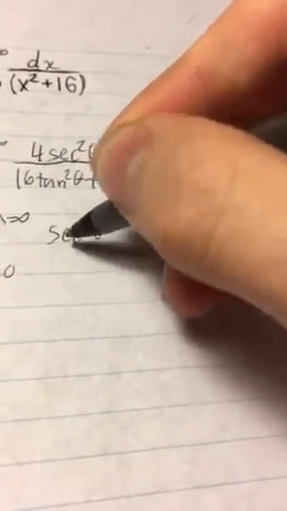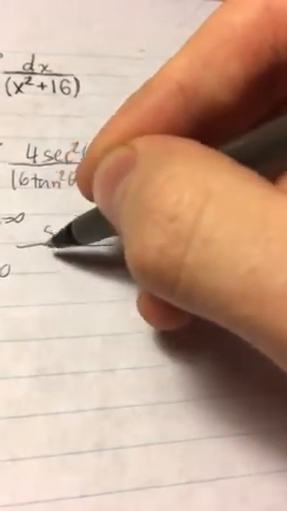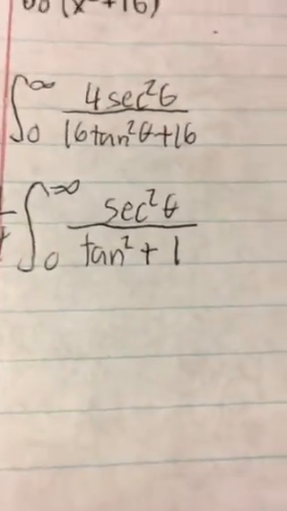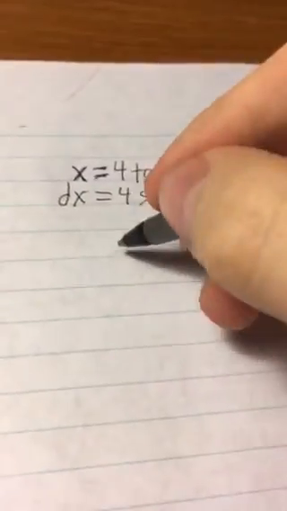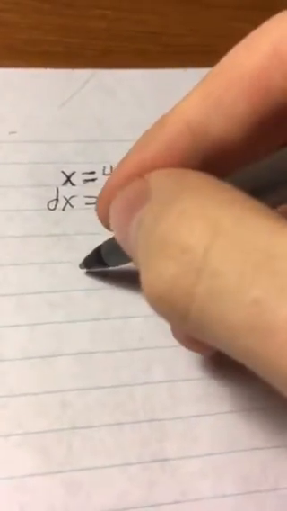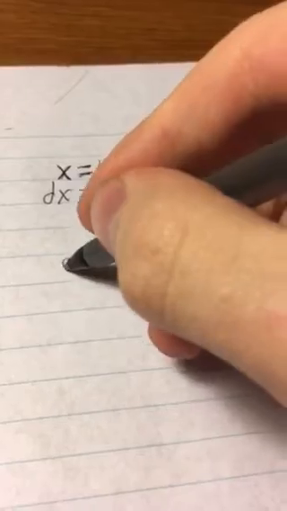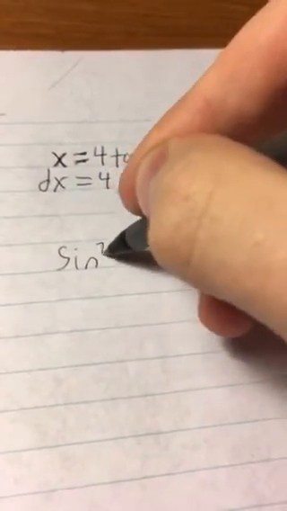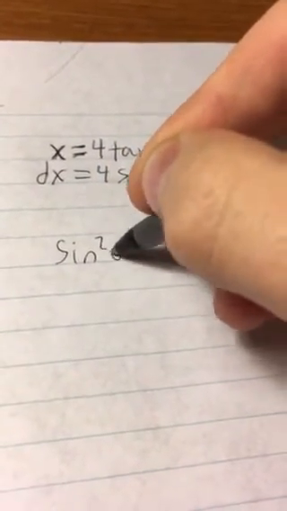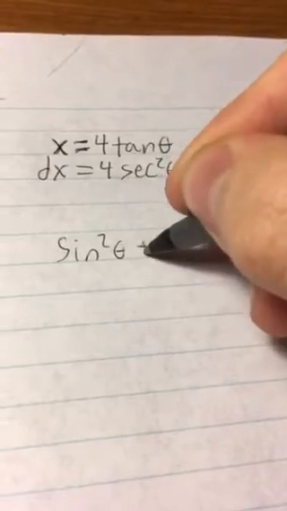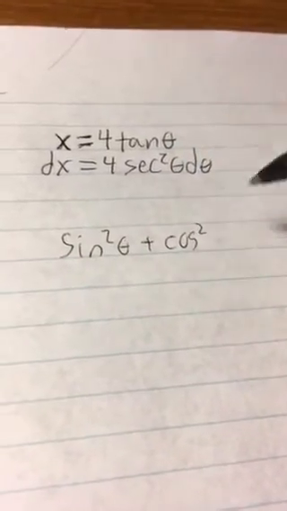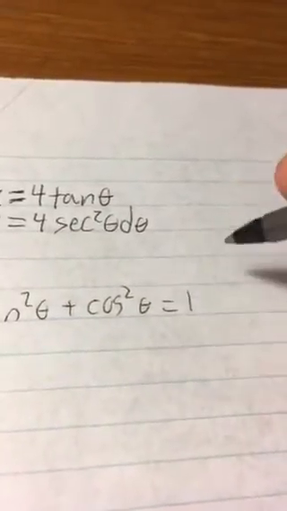Secant squared theta over tan squared plus 1. Now, this tan squared plus 1 is a whole interesting bit. If you know anything about trig identities, you'll know that sine squared of a term plus the cosine squared of a term equals 1.